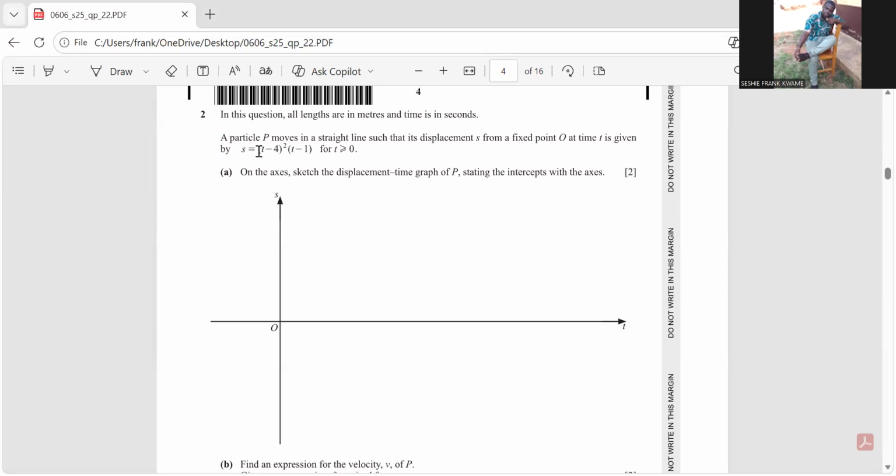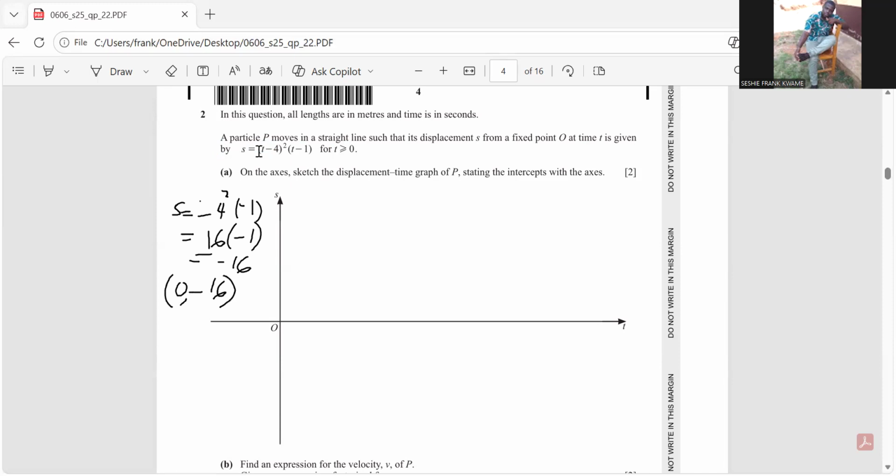at the s-intercept, t is 0. So if t is 0, we have s to be 0 minus 4 squared, that's negative 4 squared, which is 16, times 0 minus 1, which is negative 1. So that's negative 16. So we have t is 0 and s is negative 16.